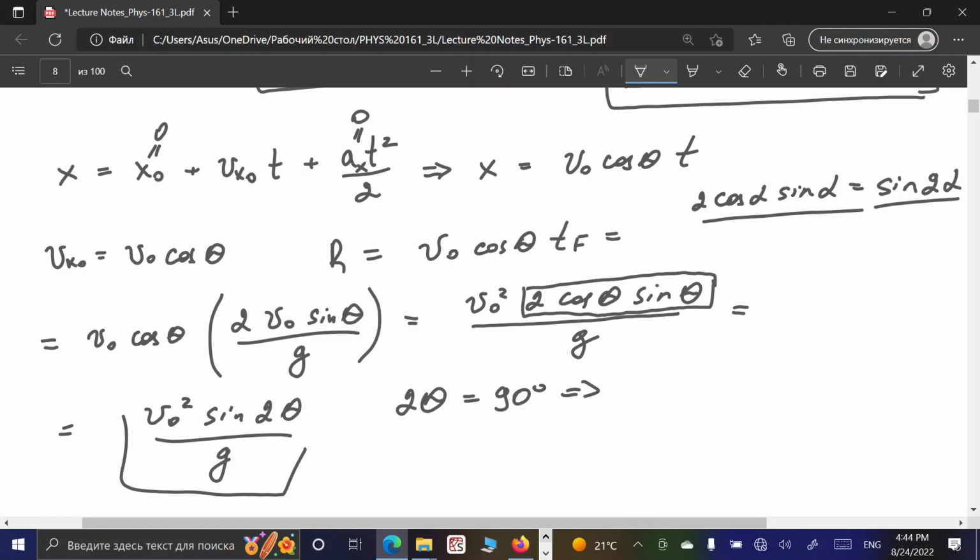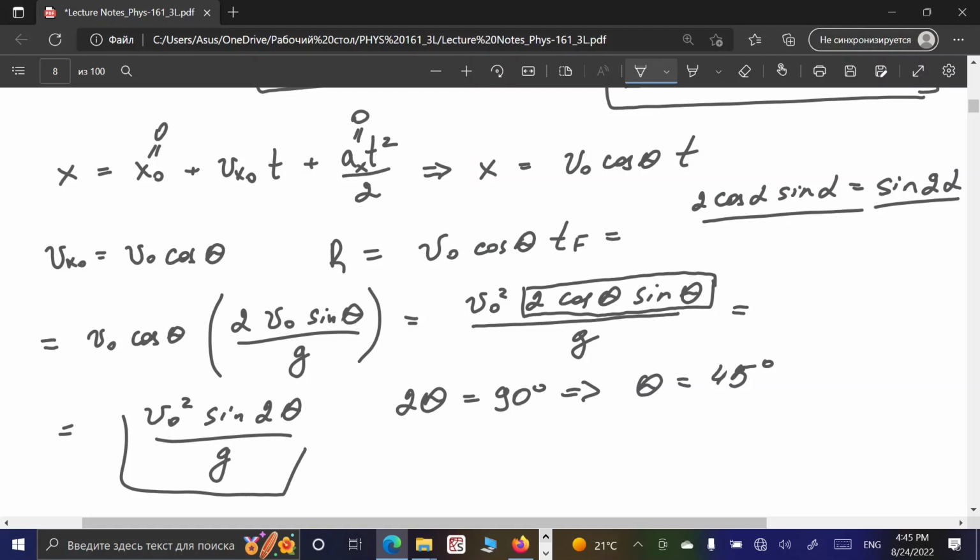And from here, automatically we get that the angle of orientation of the initial velocity vector of the projectile should be 45 degrees with respect to the horizon. That is the condition which will result in the maximum x range for the projectile trajectory when we consider projectile motion as motion in two-dimensional space with constant acceleration.